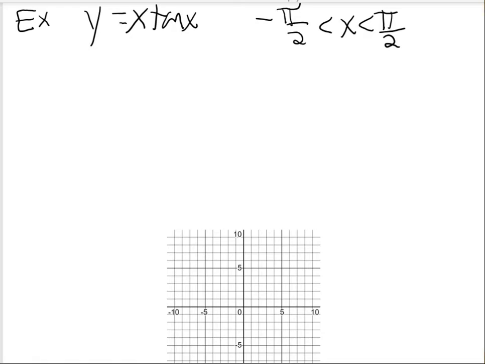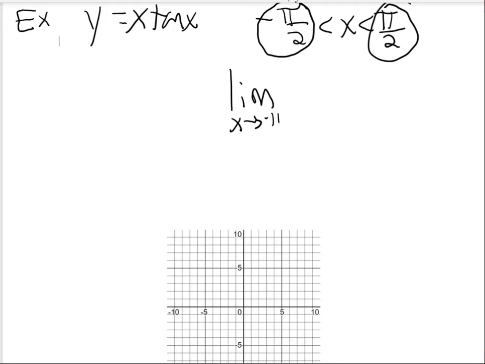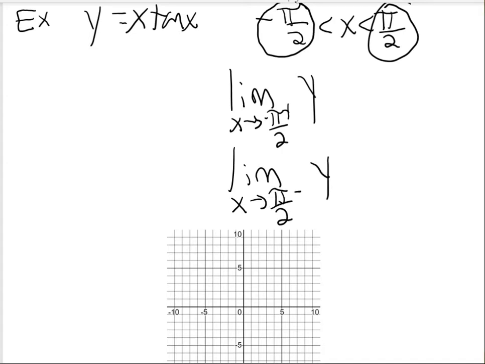One of the particular things you need to look at in this example is that you have these endpoints. So one thing that you might want to check is the limit as x goes to negative pi over 2 from the right, as well as x goes to positive pi over 2 from the left. That might also help in the curve sketching.